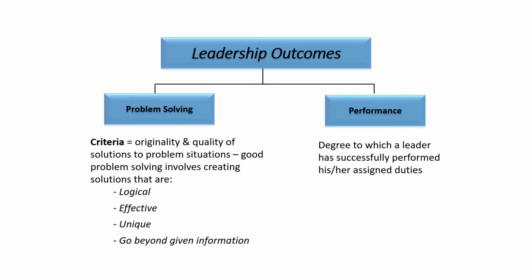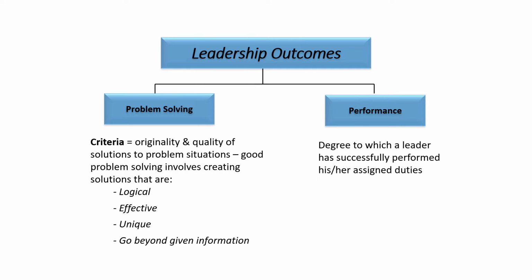Leadership outcomes are problem solving and performance. The criteria are originality and quality of solutions to problem situations. Good problem solving involves creating solutions that are logical, effective, unique, and probably go beyond the given information, as the case might be. Performance is the degree to which a leader has successfully performed his or her assigned duties.